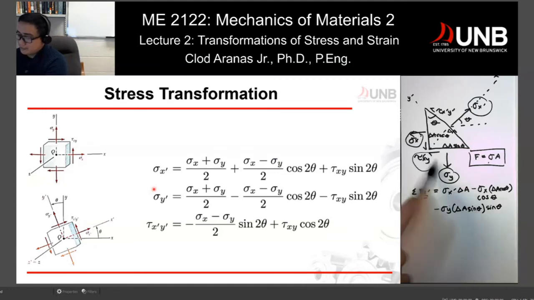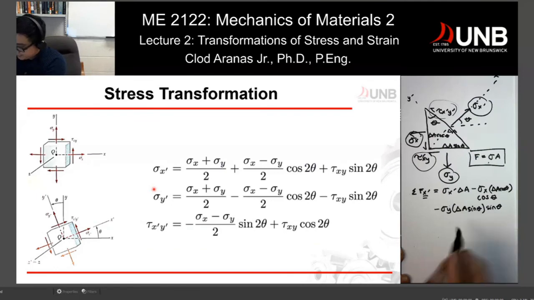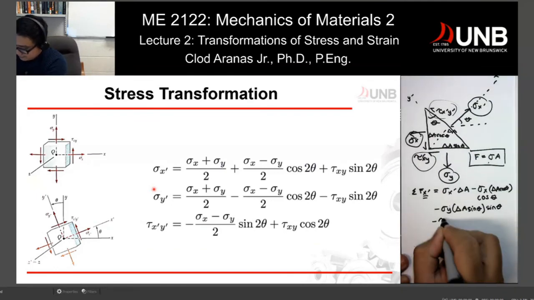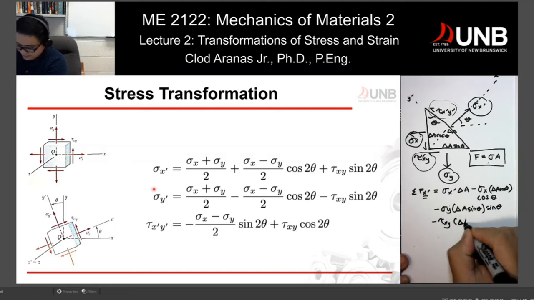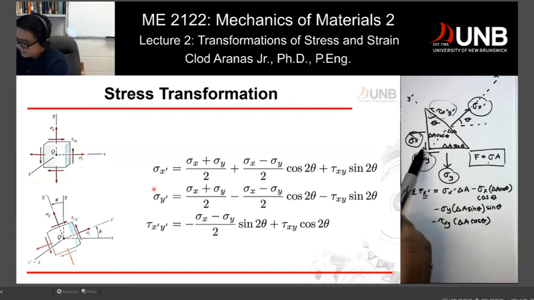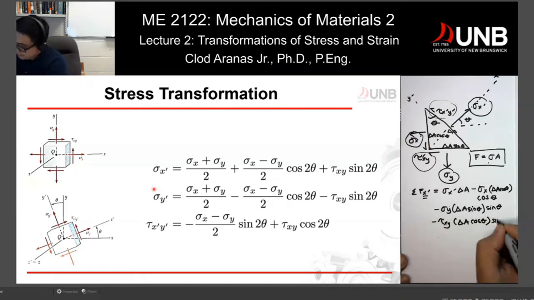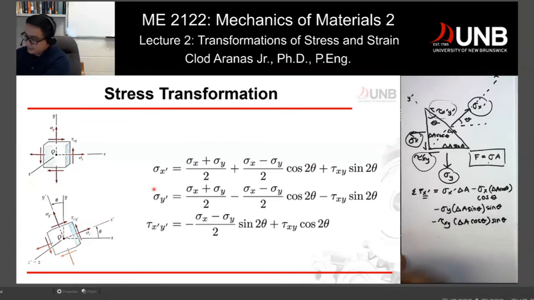How about your shear stresses? In this case it is negative tau xy times delta A cosine theta. We started from this side. Take note, you have two shear stresses, applied to this side and to this side right here. So tau xy, we start with this side, and then times sine theta to resolve it along the x prime axis.